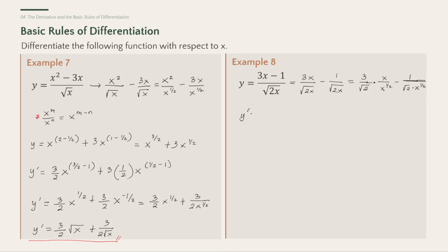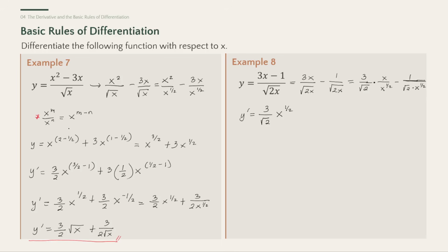Okay. Now we need to move the terms. The first one, we need to apply the law of exponent rather. First term, we have 3 over square root of 2, and then x raised to 1 minus 1/2. So I'll just write that directly. 1 minus 1/2 is 1/2.